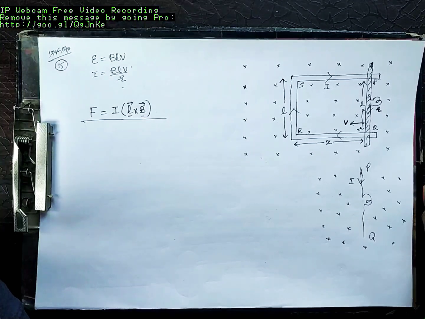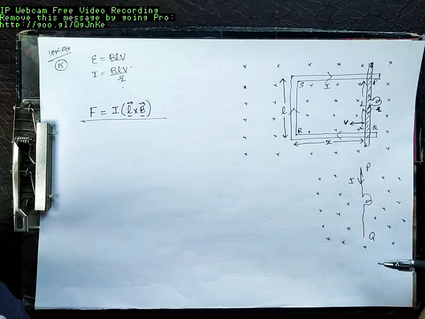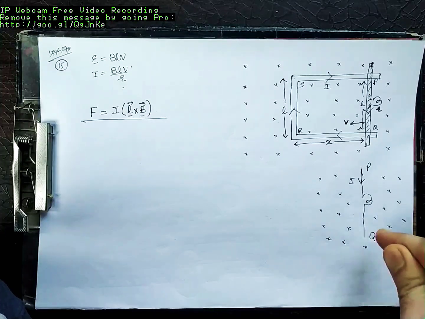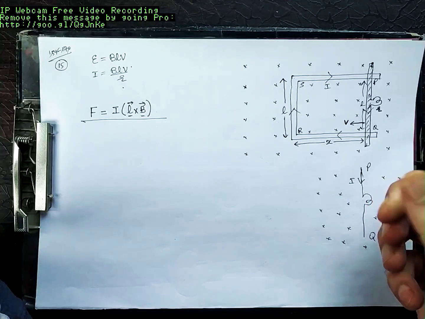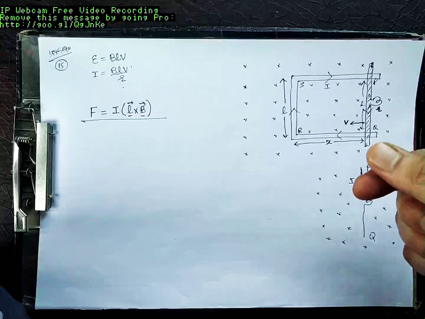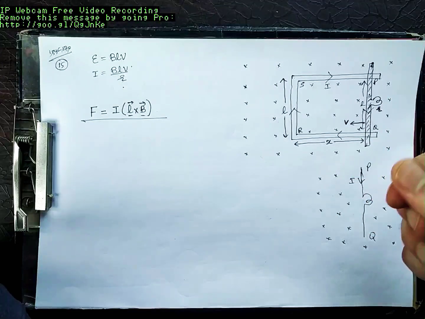Right hand screw rule. So here this is the direction of current, so this is the direction of length. L is in this direction, B is into the plane of the page. If you rotate L cross B, from L to B, this is L, B is downwards, L to B. This is towards right.